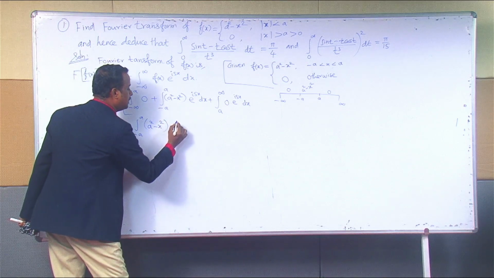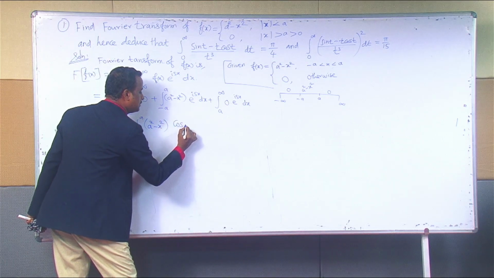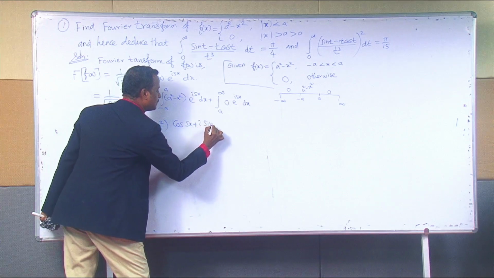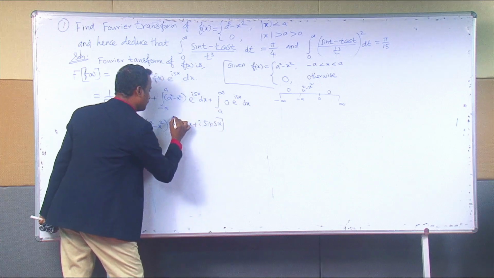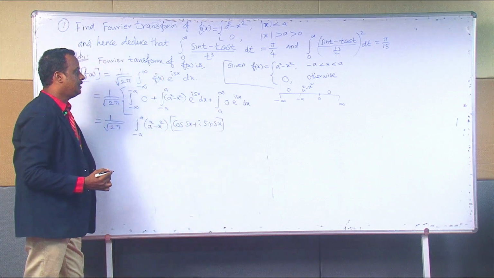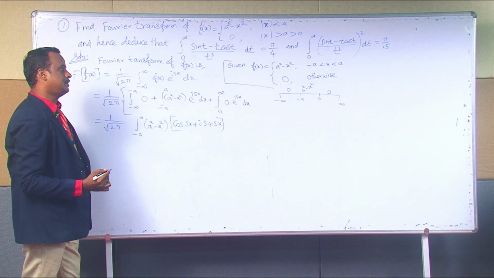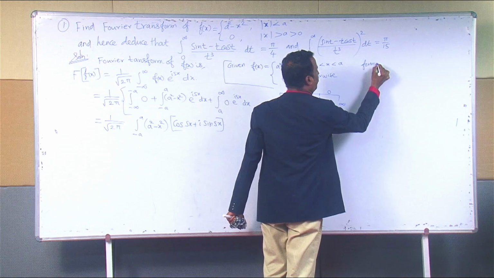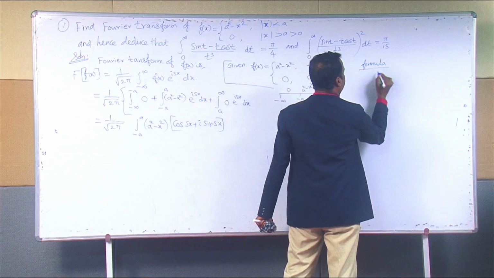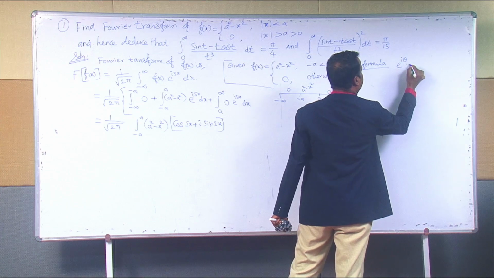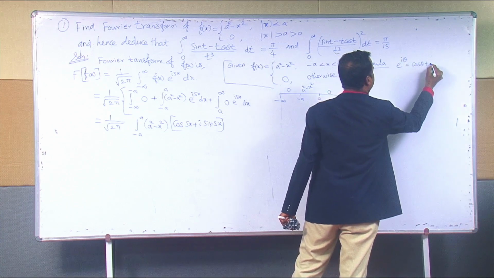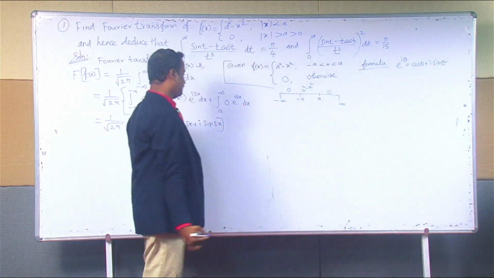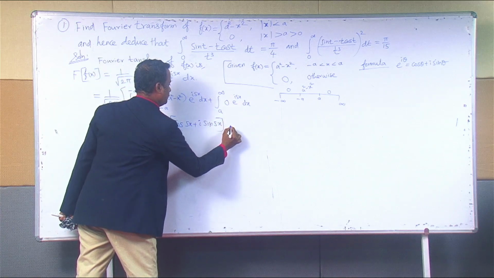In the same sense, we can write it as cos sx plus i sin sx, by using the formula e power i theta as cos theta plus i sin theta, into dx.